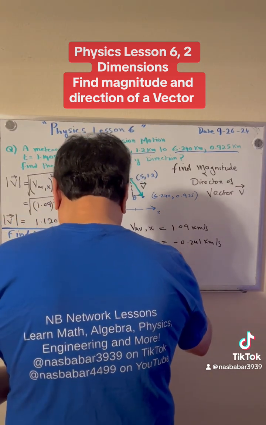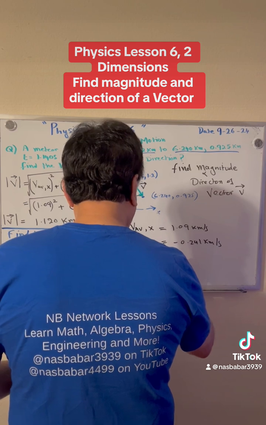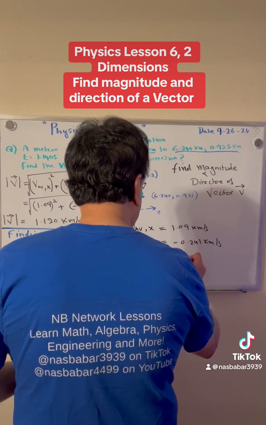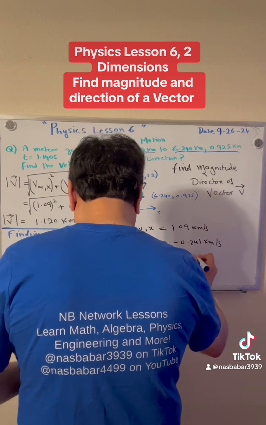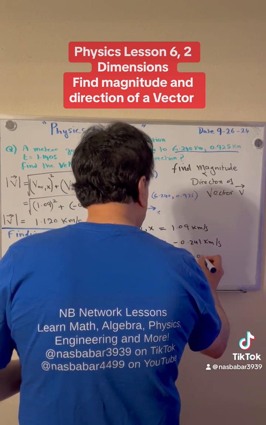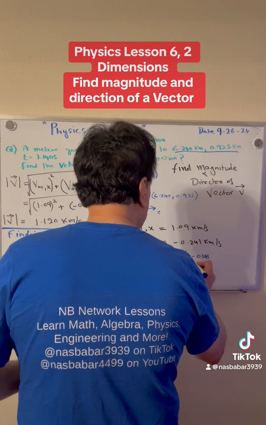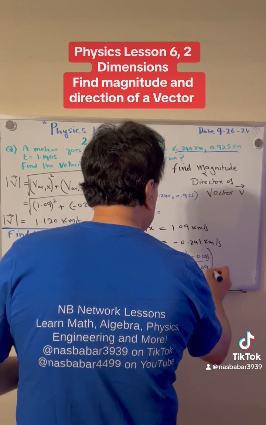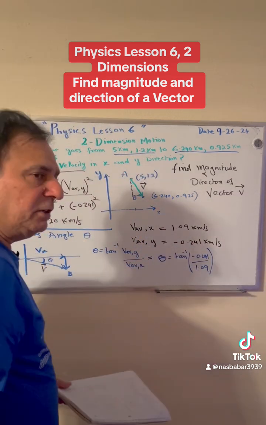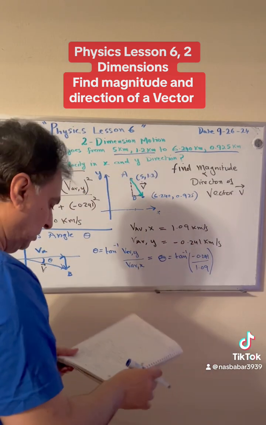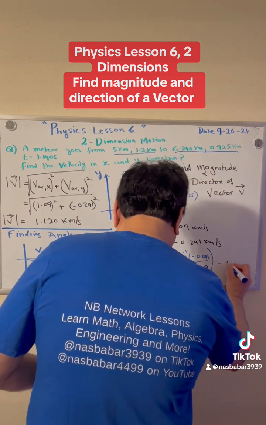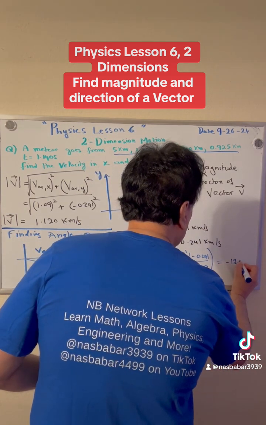Theta equals tan inverse of negative 0.241 divided by 1.09. Plug this in your calculator, find the inverse, and the angle you will get is equal to negative 12.41 degrees.